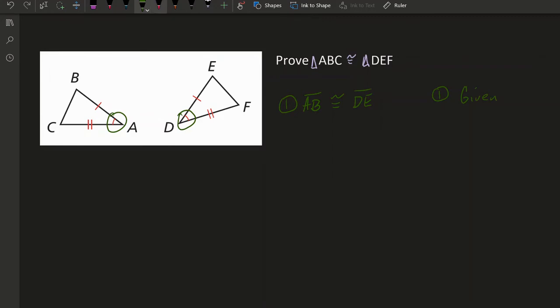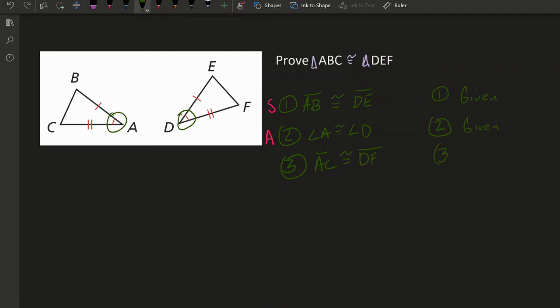Now, whenever I do this, I take step 1 right there and I put a little S next to it, because what I just did was I proved that a side was congruent. Now, moving on, step 2, I can say angle A is congruent to angle D. And again, it's on the picture, so it's given. Then I'm going to mark this. I just showed that the included angle was congruent. Let's do this again. Step 3, I can say side AC is congruent to side DF.